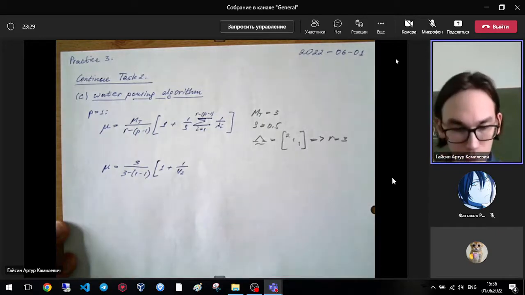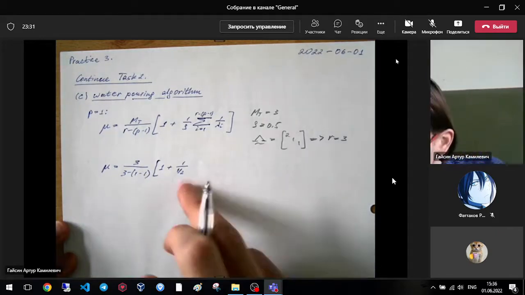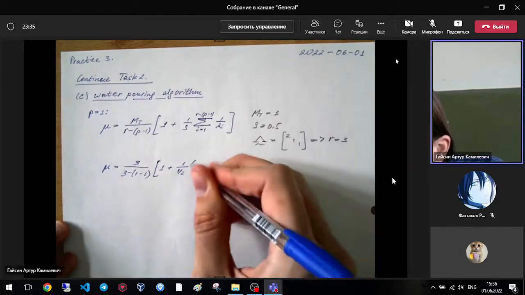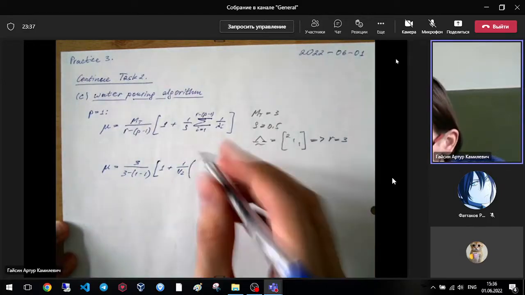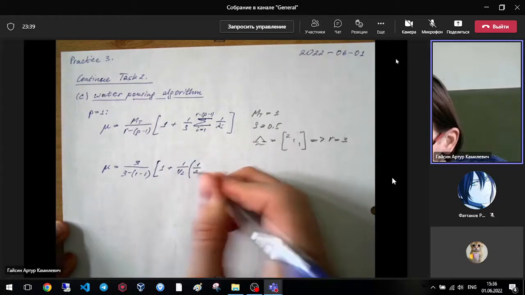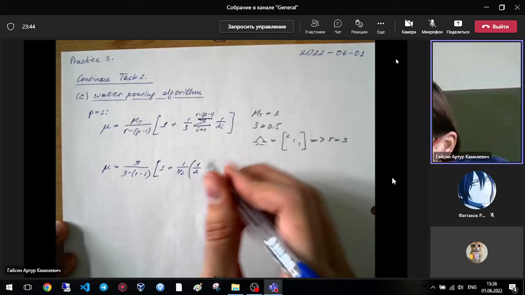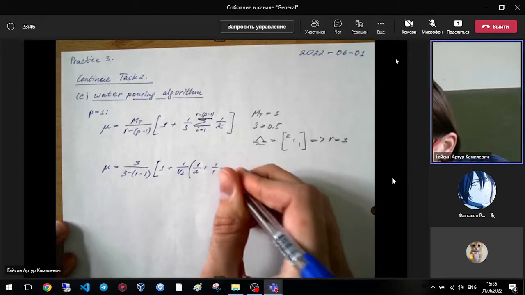We should move this from denominator into the numerator, but let's write the sum of these eigenvalues. So first one, 1 divided by 2, then plus 1 divided by 1 and 1 divided by 1.